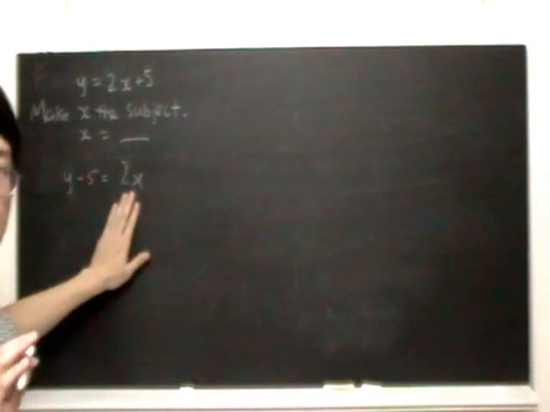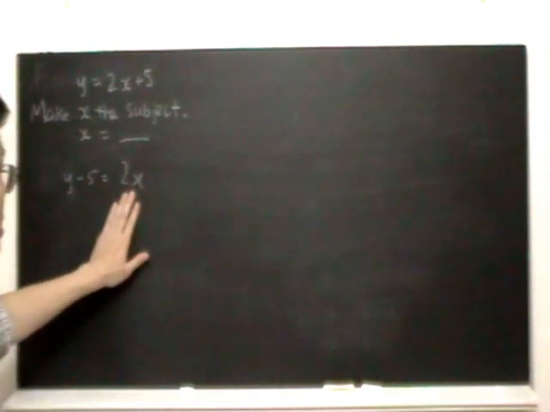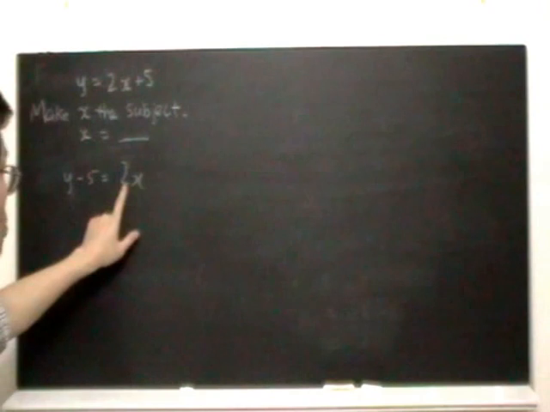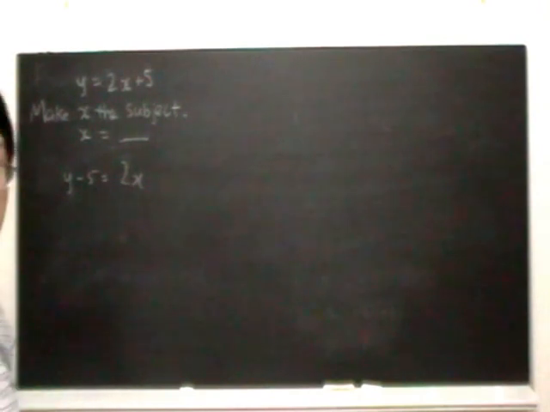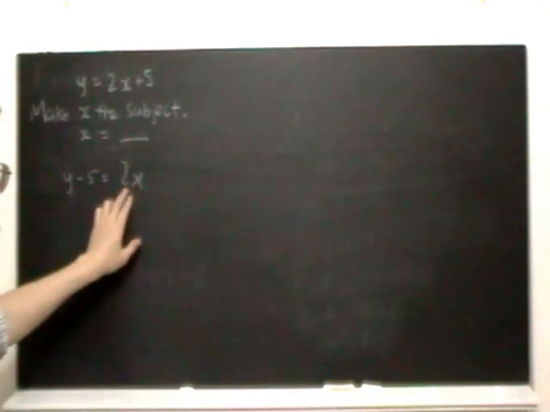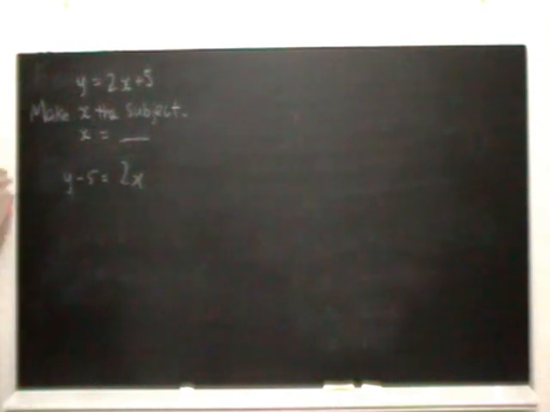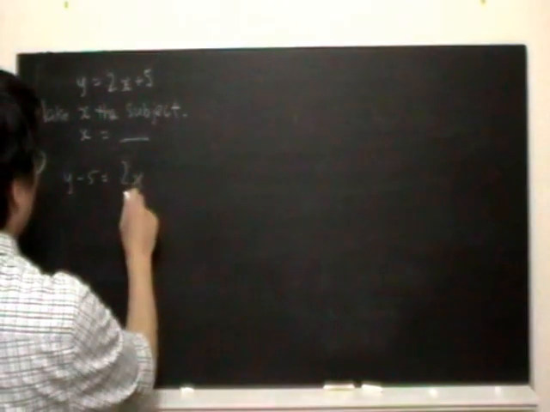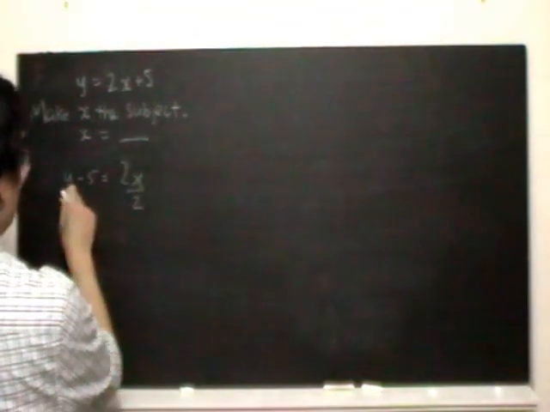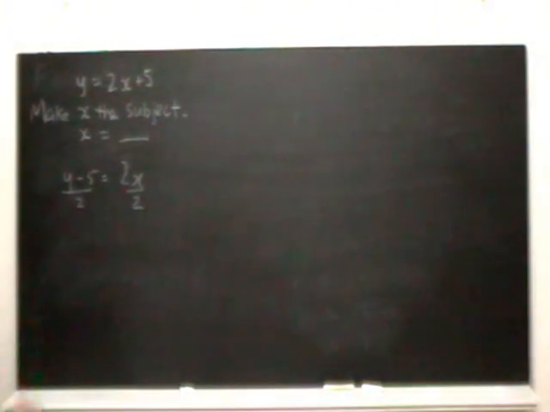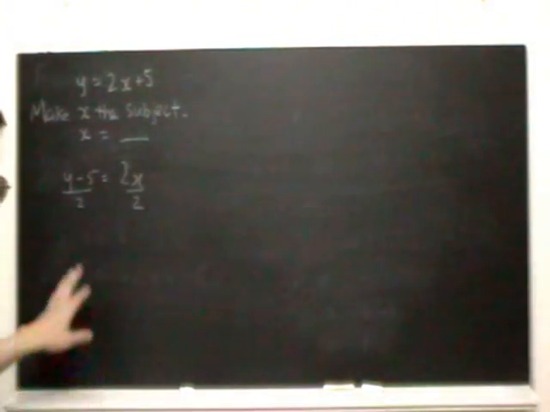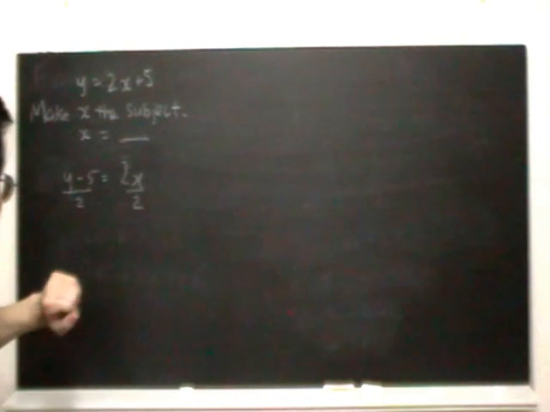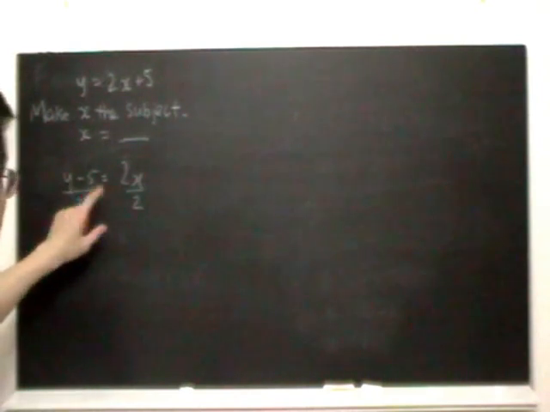So now we have just 2x on the right hand side. Now 2 times x. We need to get rid of the 2. Can we do that? We can do that if we divide both sides by 2. Now be careful. On the left side, you have y minus 5.